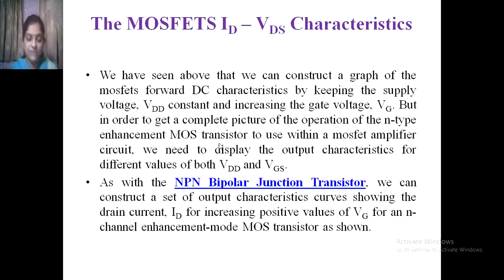VDD and VGS. As with the NPN BJT, that is the bipolar junction transistor, we can construct a set of output characteristic curves showing the drain current, that is ID, for increasing positive values of VG for an N-channel enhancement mode MOS transistor.